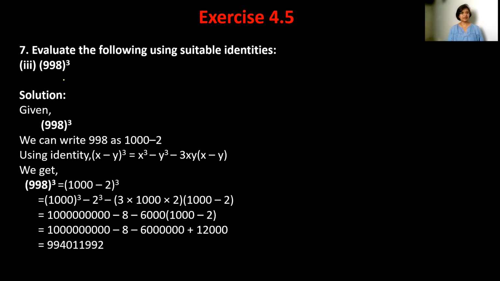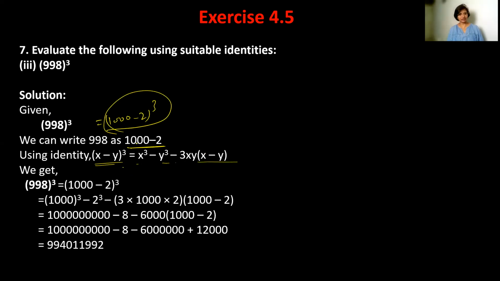The third part says 998 whole cube. What can we write? 1000 minus 2, and this is the same as (x minus y) whole cube, so we get 1000 minus 2 whole cube. Which property can we use? We can use (x minus y) whole cube, which says x cube minus y cube minus 3xy into (x minus y).